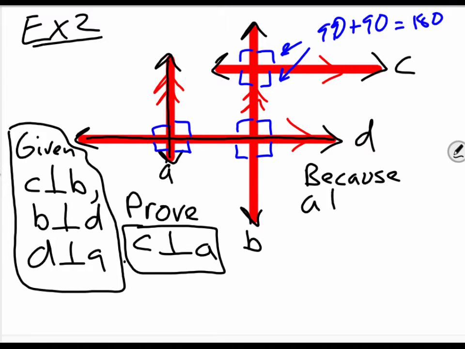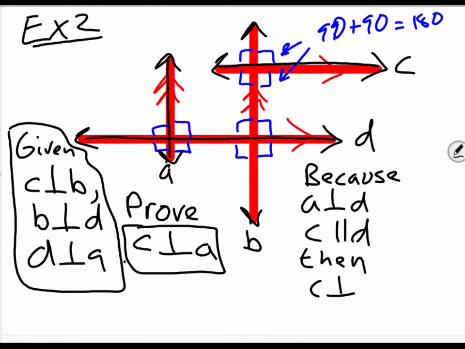A is perpendicular to D, and C is parallel to D, right? Then C is perpendicular to A.